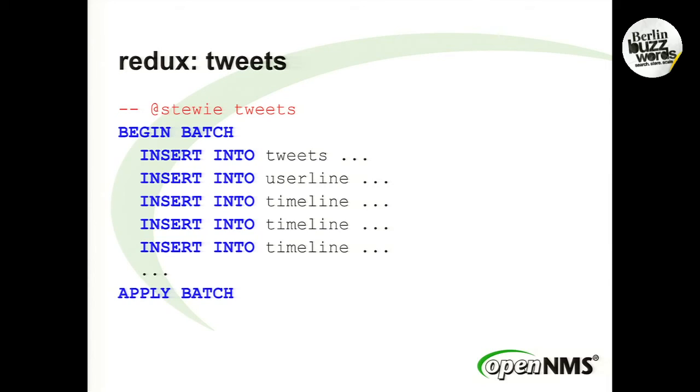Since a time UUID is a UUID, I should point out that where we're creating time UUIDs and using a time UUID type in these userline and timeline tables, we can also use that same UUID for the tweets table. You would want to do that so that you could link from the timelines back to the discrete one. We would need to store it into that discrete tweets table. We would also need to store it into the userline for the user who was creating it.